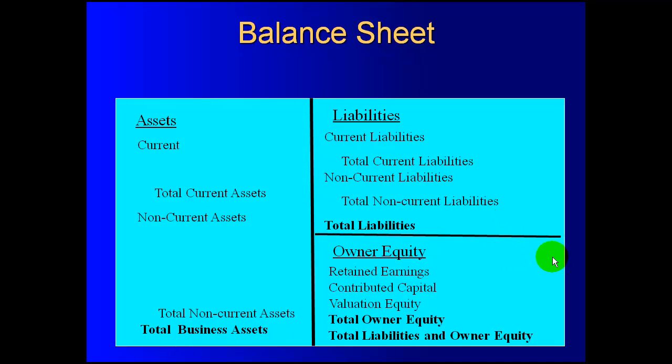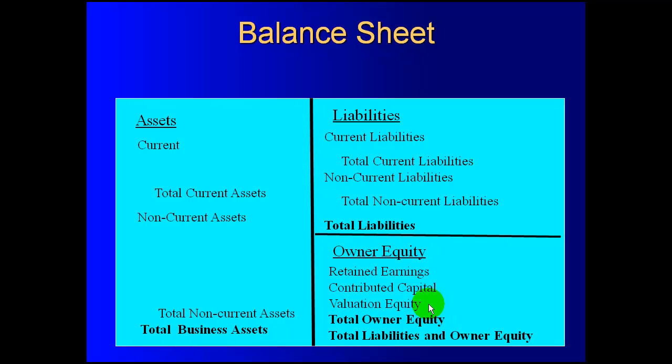Your wealth is the difference between your assets and liabilities, but we can also break it down into where did it come from. And there's really 3 sources here. Retained earnings are profit that you made in the business and you retained in the business. You didn't draw it back out. Contributed capital is money that the owners invested into the business and have not drawn back out.